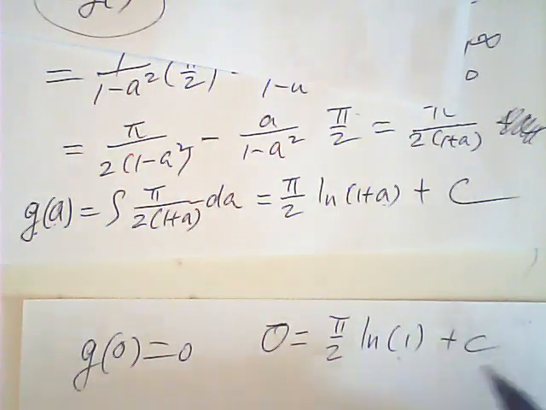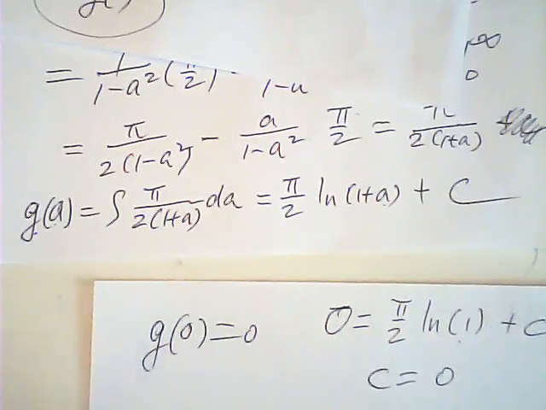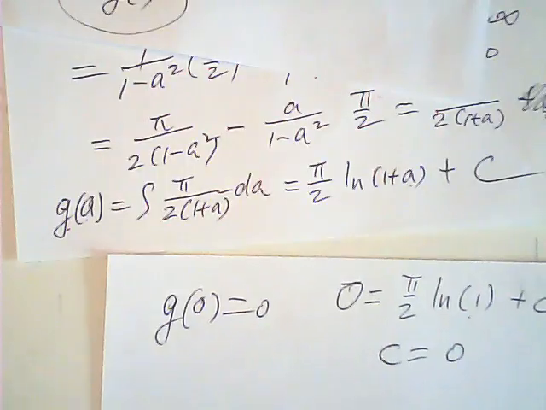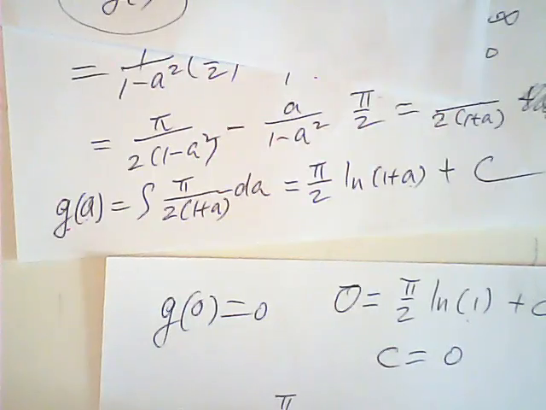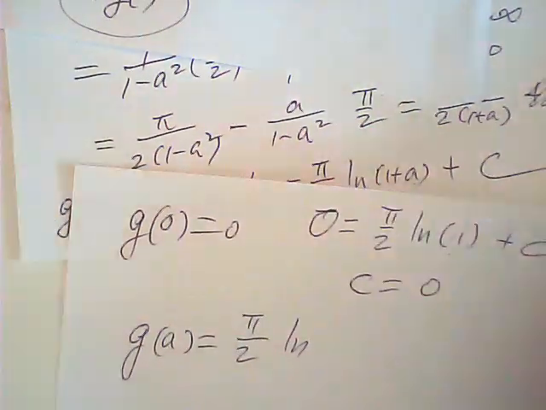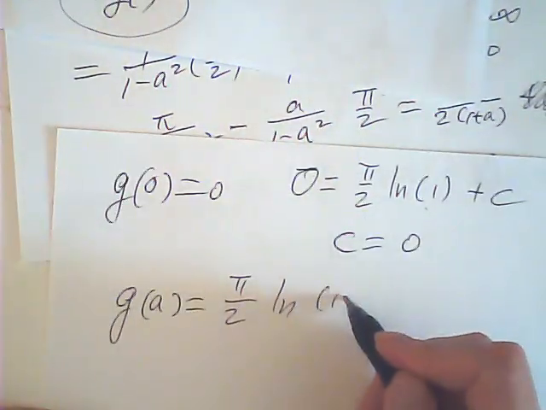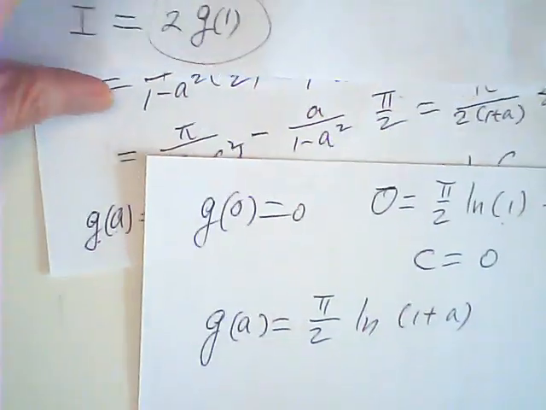Log 1 is 0, right? Therefore, C is equal to 0. Yeah, therefore g of a is equal to pi over 2 log of 1 plus a.